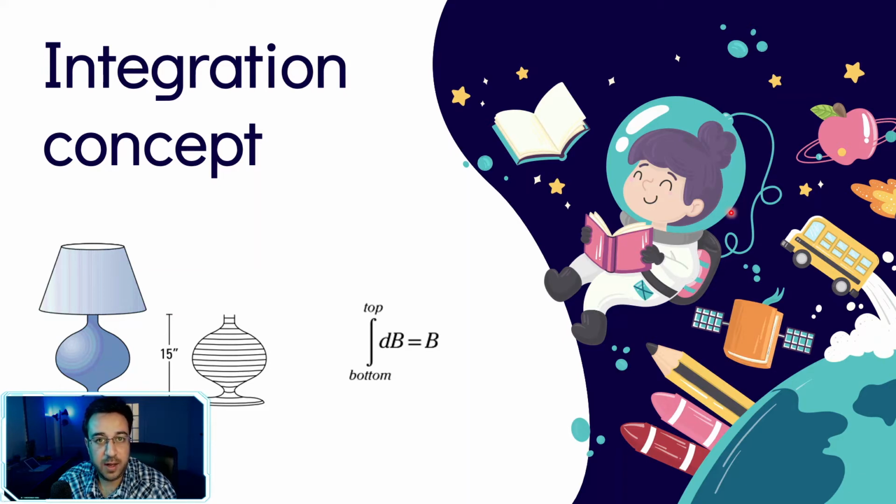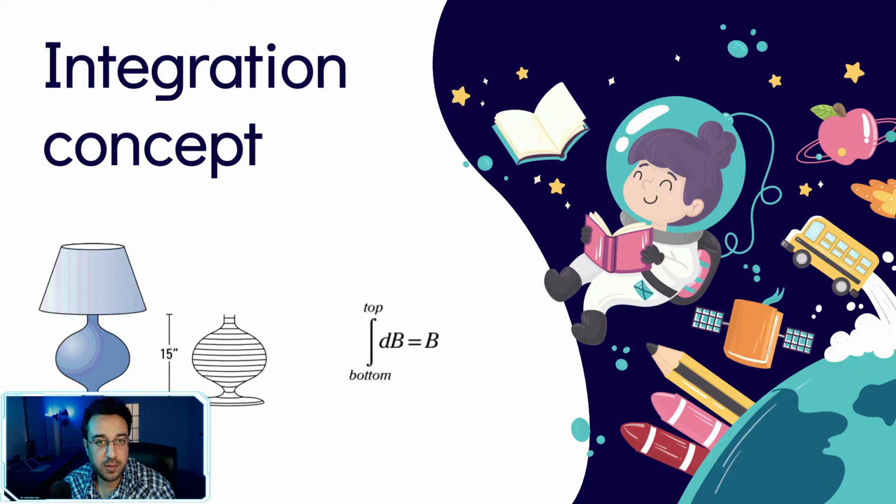If I want to identify for you the integration concept, imagine you have this table lamp over here, or this side lamp, corner lamp, whatever you call it. It is 15 inches tall, and we want to calculate the volume of the base of that lamp.